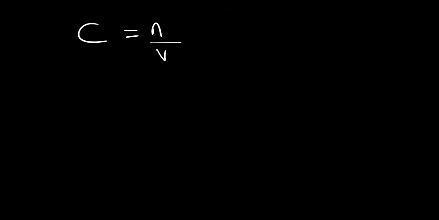If you are trying to find the volume, it is just going to be the number of moles divided by the concentration. Please never forget this. It literally appears everywhere in solution stoichiometry. Let's solve some questions to familiarize ourselves.